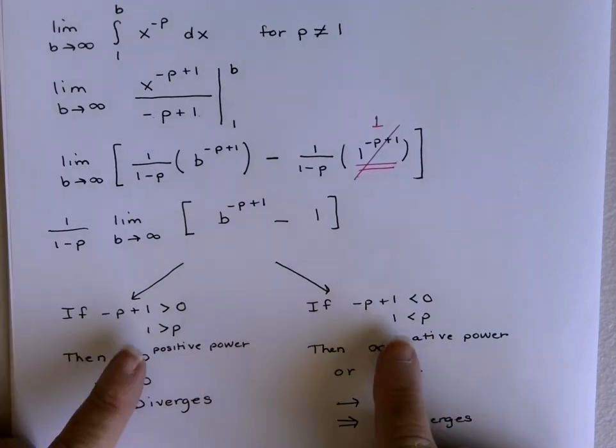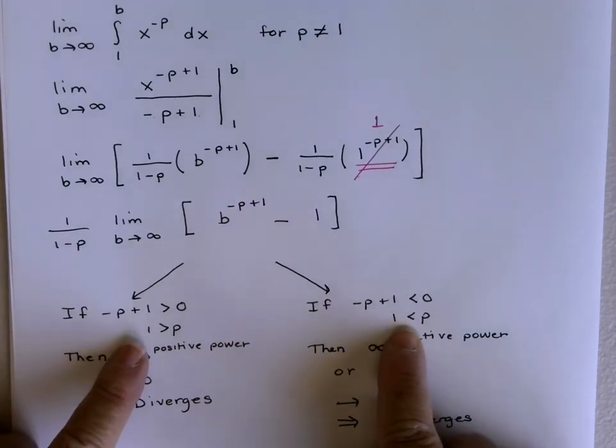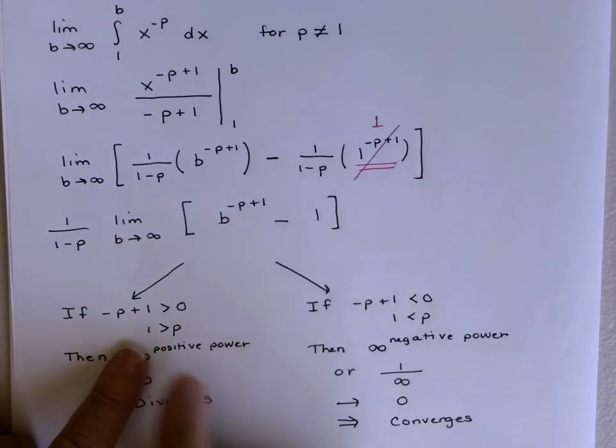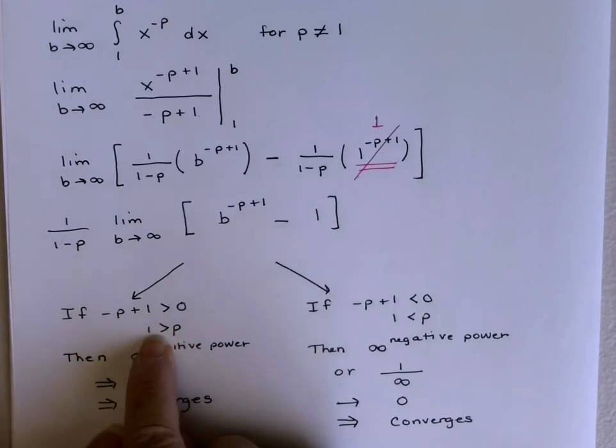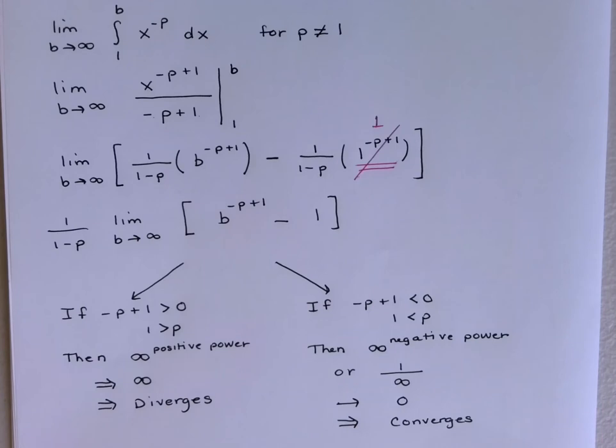So that's almost everything. We know if p is bigger than 1, it converges. If p is smaller than 1, it diverges. The only thing we don't know is what if p equals 1. So let's do that, and then we'll summarize our results.